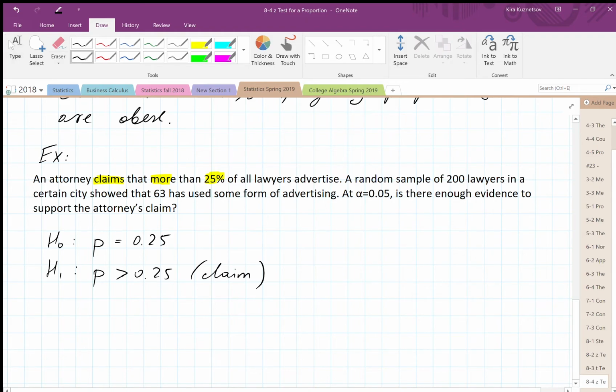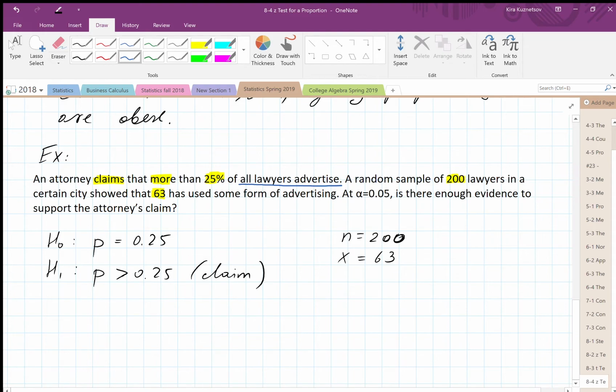A random sample of 200. So you're given an n of 200. And a 63. So 63 said yes to your question. And I just want to underline this. Quote unquote, success.